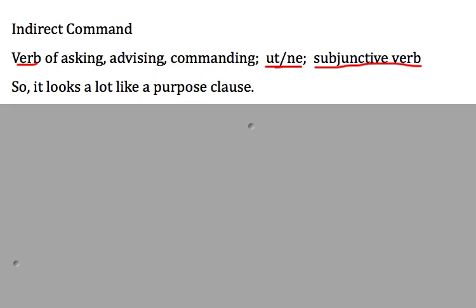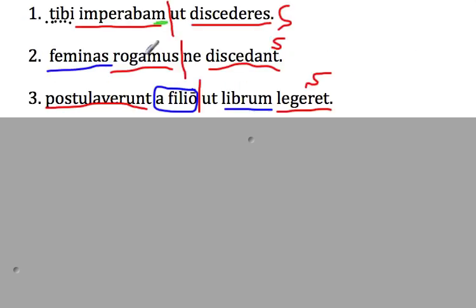One other thing. You'll notice that this is a verb of asking, right? Asking, ordering, suggesting, okay? Notice they have different things following them. This has a dative following it. This has an accusative following it. And this has a prepositional phrase.